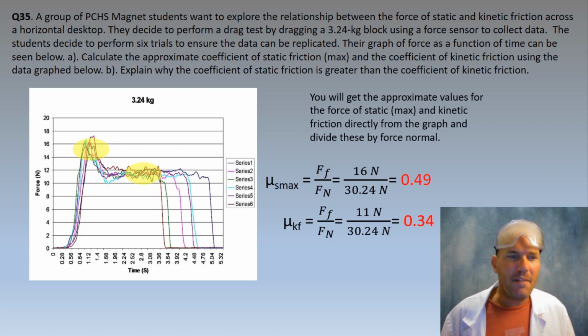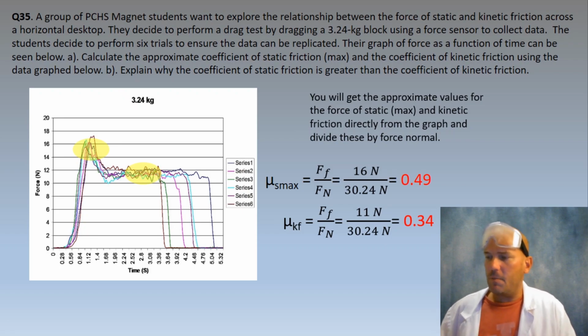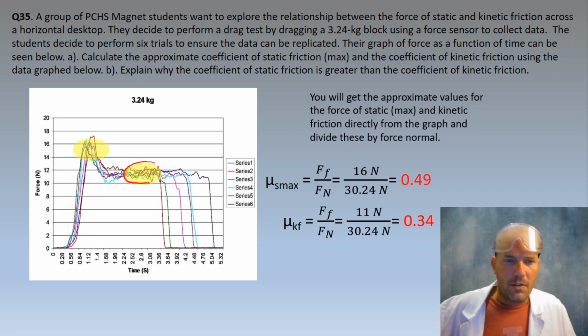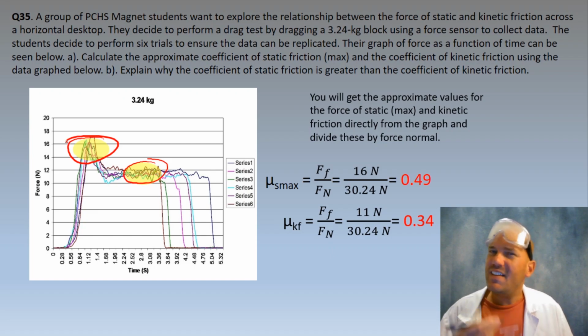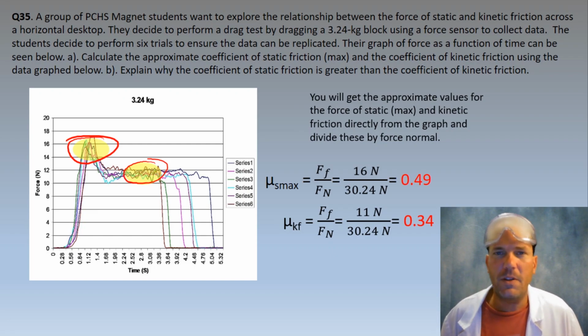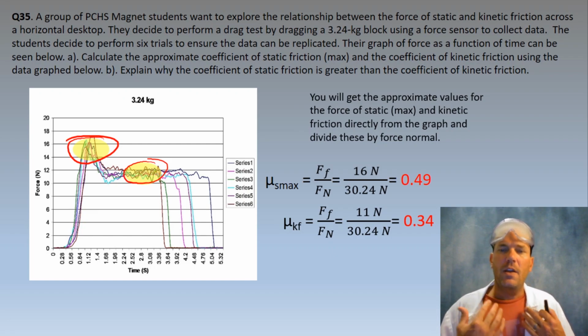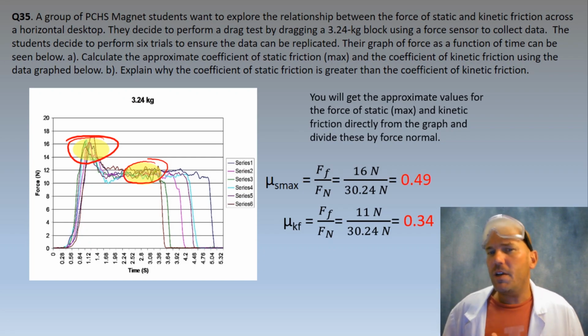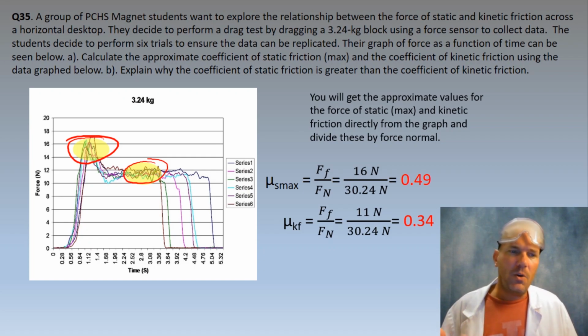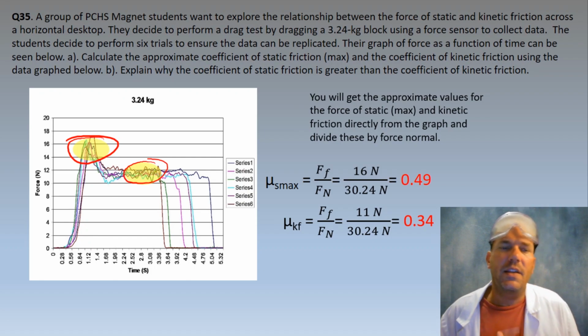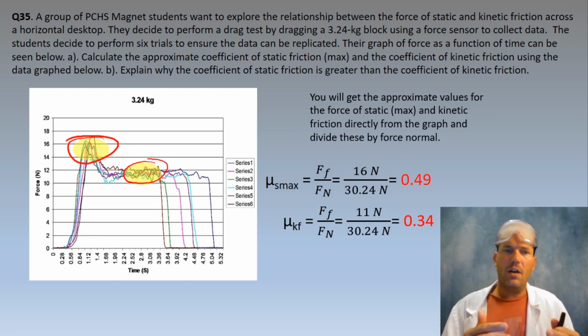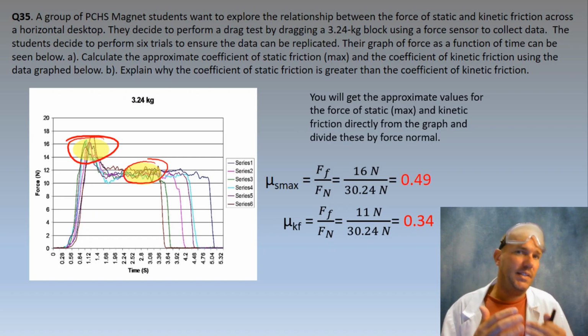And you can get that value again directly from the graph during this drag test. We've either already done this in class or you will be doing this in lab. The physics is fun equation is the same, but notice how the force is less for kinetic than it was for the maximum static.